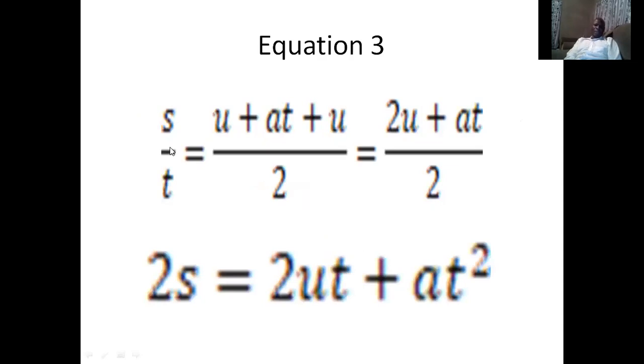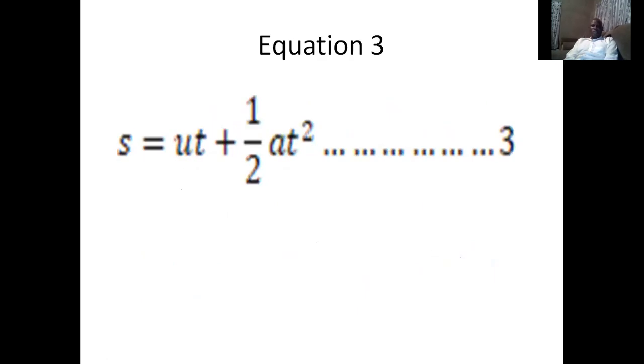Now, if we make displacement the subject of the formula, we are going to multiply 2 times displacement, and it gives us this one. Then t multiplied by everything. So we're going to have 2ut plus acceleration times t squared.